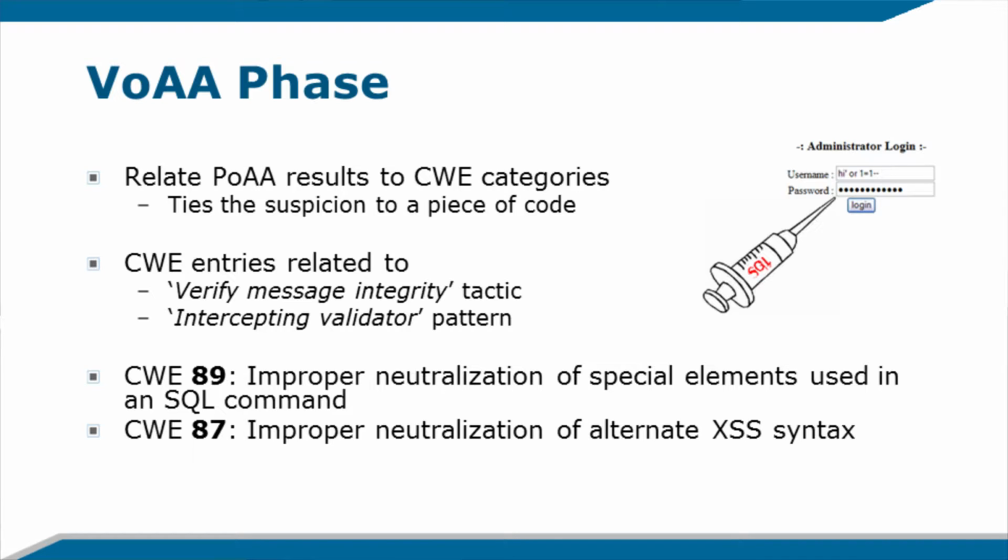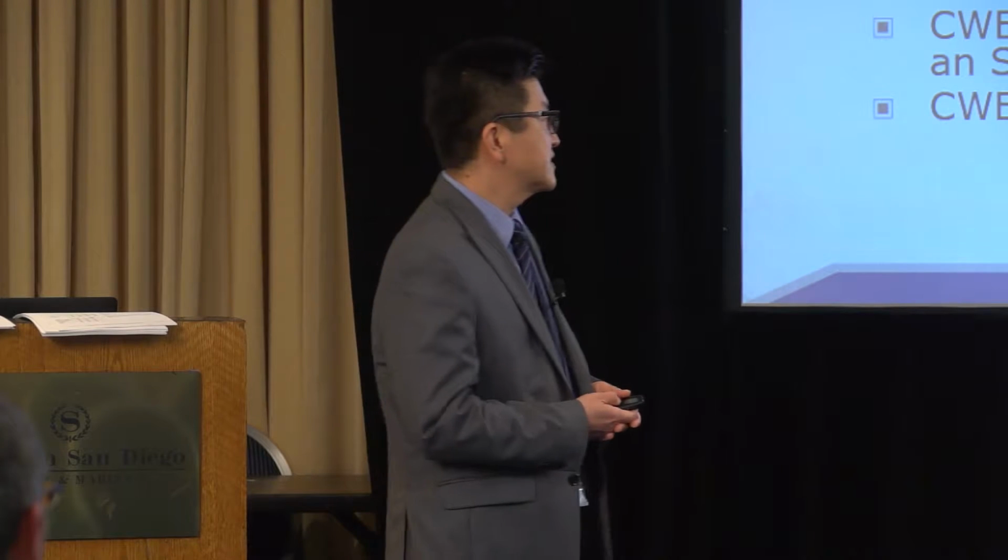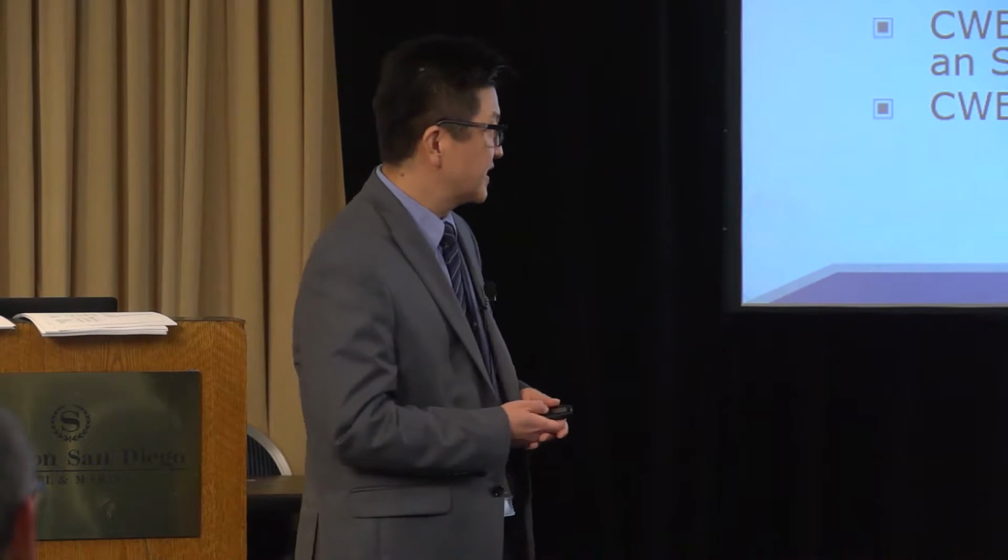The vulnerabilities turned out to be CWE-89, the ones that are closely related to the intercepting validator. That one is improper neutralization of special elements used in an SQL command. In layman's terms, this is SQL injection vulnerability. Another one was CWE-87, improper neutralization of alternate cross-site scripting syntax.